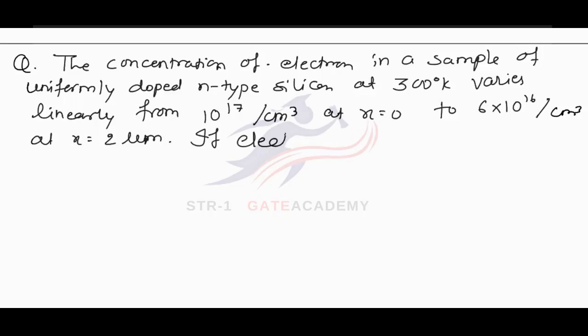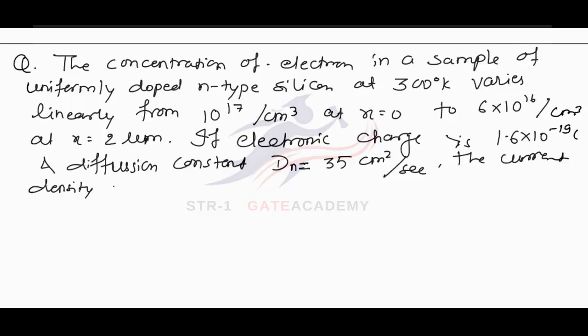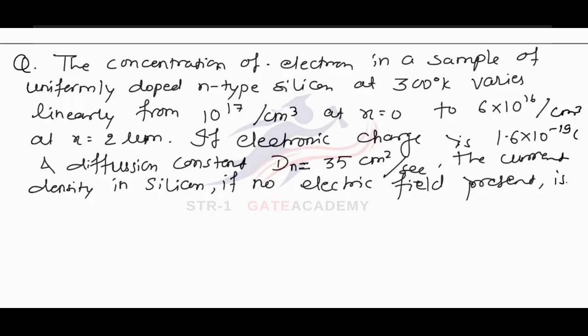If the electronic charge is 1.6 into 10 raised to power minus 19 coulomb and the diffusion constant Dn is equal to 35 centimeter square per second, what is the current density in silicon if no electric field is present?